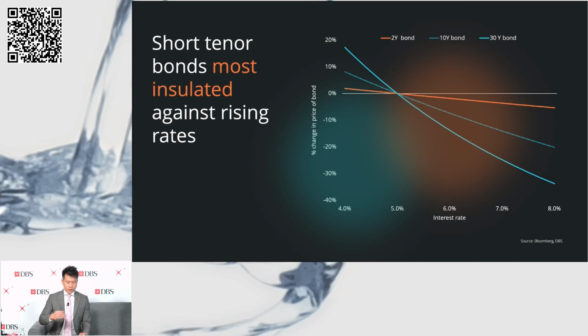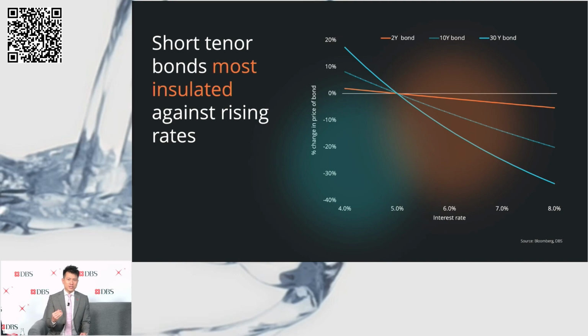Next, we want to go into a little bit of the nuances of the liquid plus strategy, okay? So why do we choose short tenor bonds? This chart here, we show the sensitivity of bond price changes to interest rate changes, right? I think we know from financial theory that if interest rates rise, represented by the x-axis, bond prices start to fall, which is represented by the y-axis.